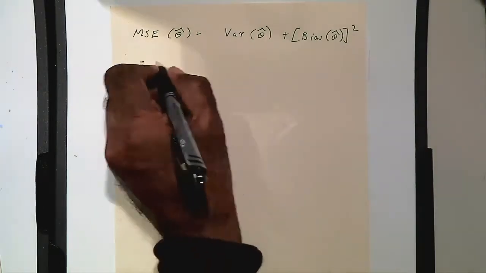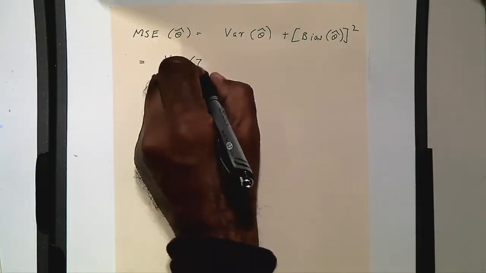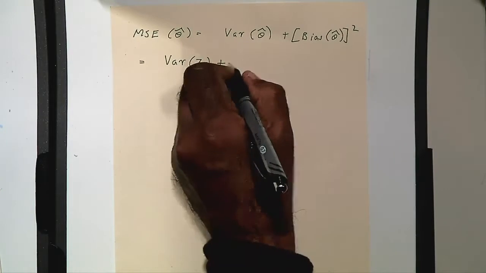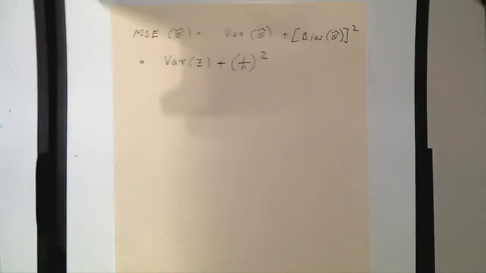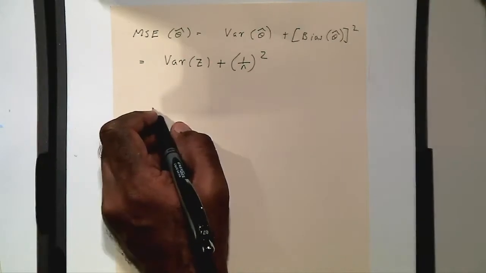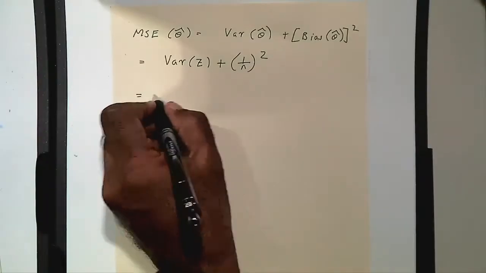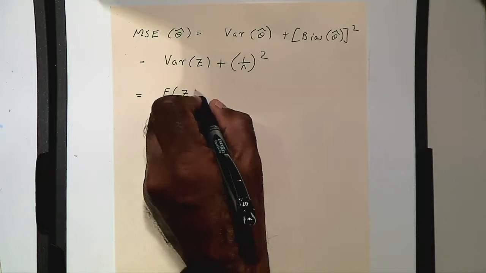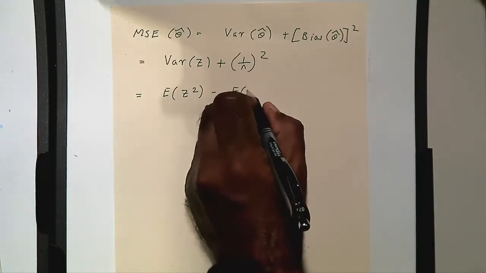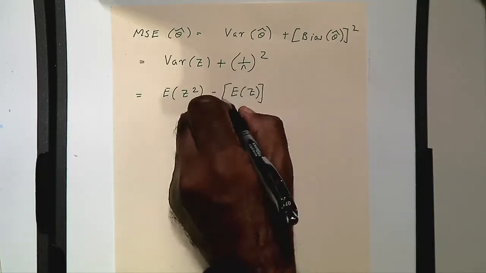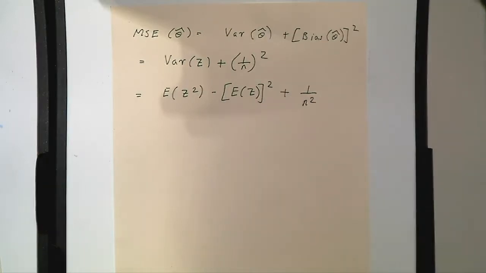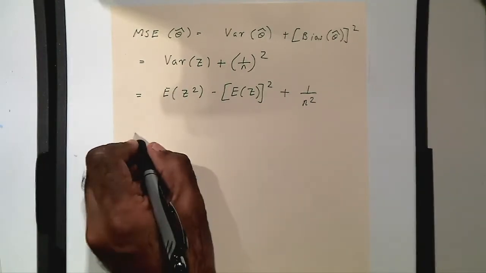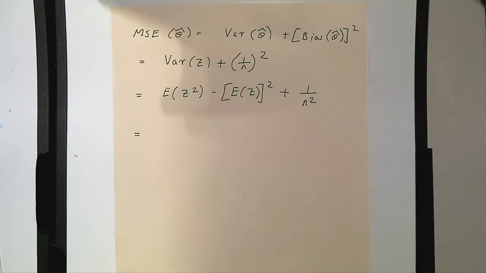So this is going to be the variance of z plus 1 over n squared, right? Guys, listen, please. The variance of z you can write as the expectation of z squared minus the expectation of z to the power 2 plus 1 over n squared, right? Now, finding these two, you will need to use integration by parts one more time.